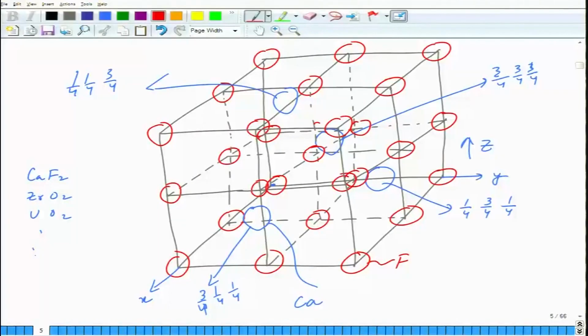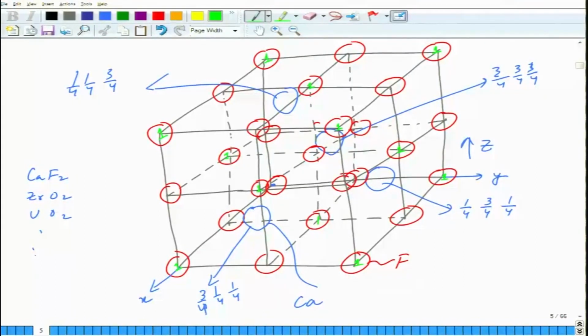So, one lattice of fluorine is, if I mark the atoms, 1, 1, 1, 1, 1, 1, and those at faces 1. So, 1, 2, 3, 4 and 1. This is the first lattice of fluorine.